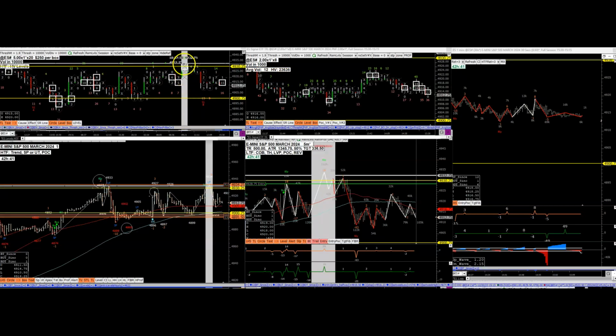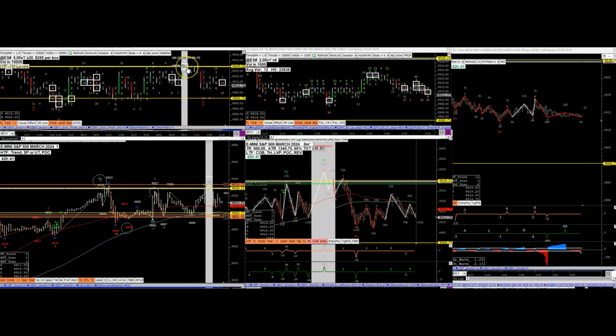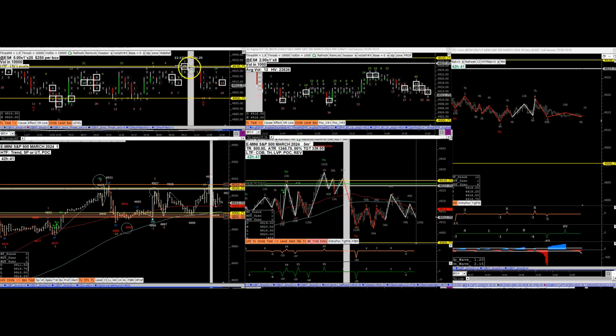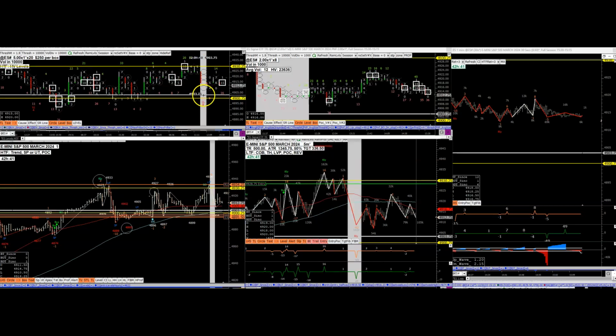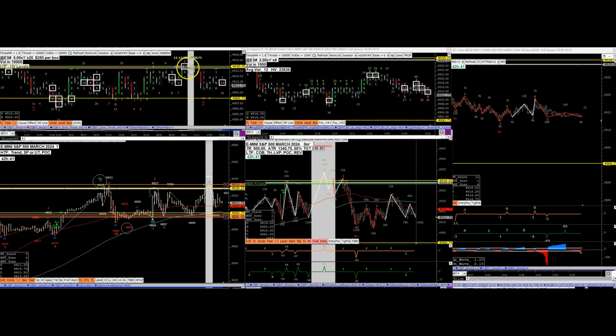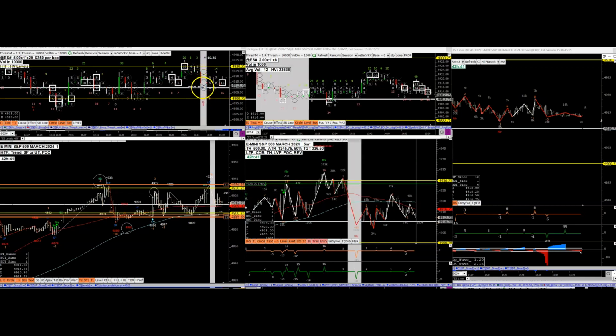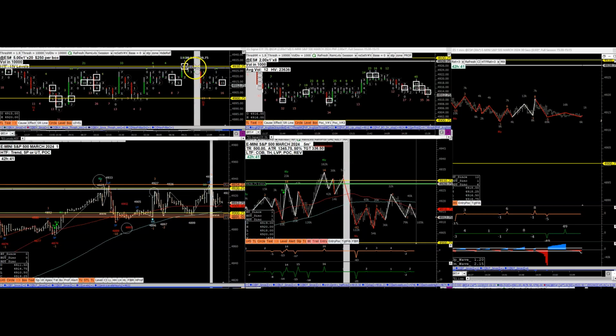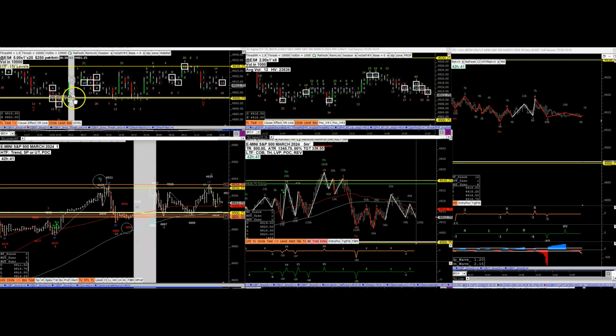Because that's where the sellers came in and they stopped the move. They're selling. How many? 130,000 contracts and sold. So these are our two support and resistance levels based on actual buying volume, actual demand, and actual supply.